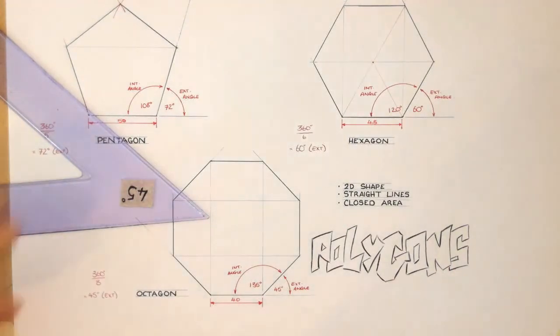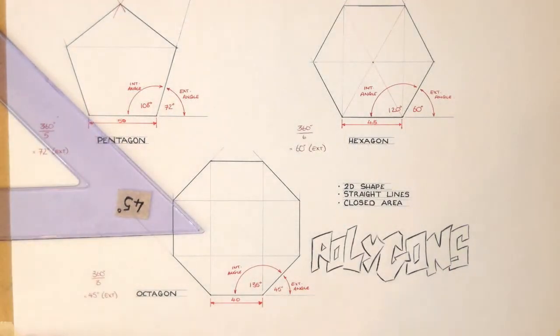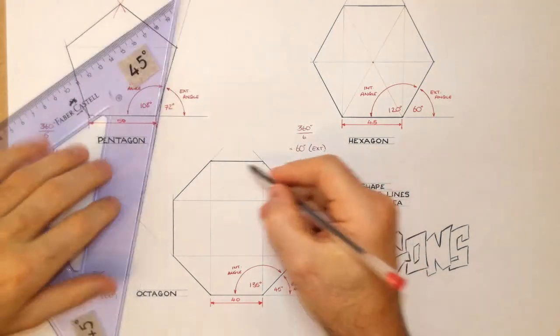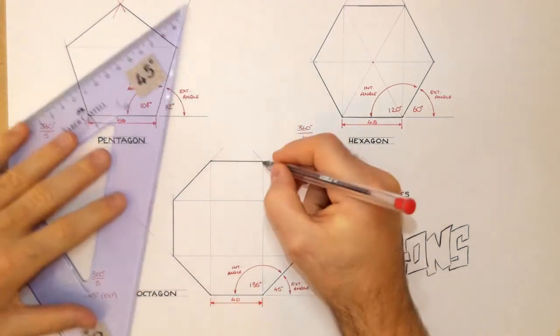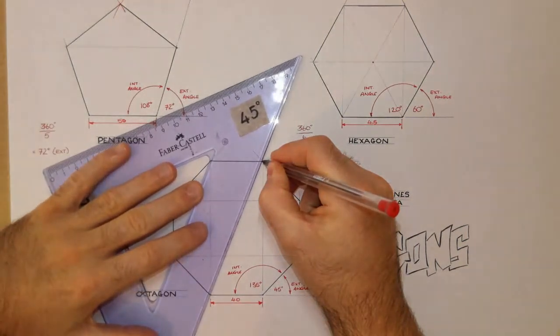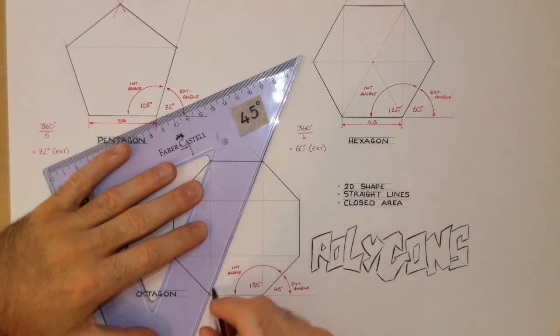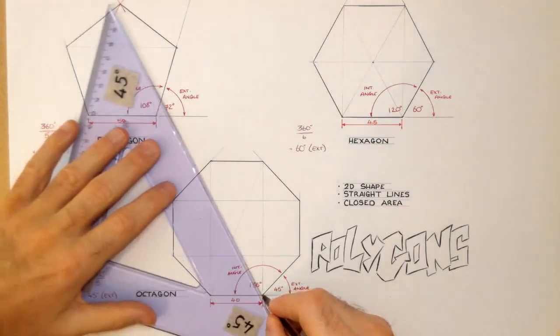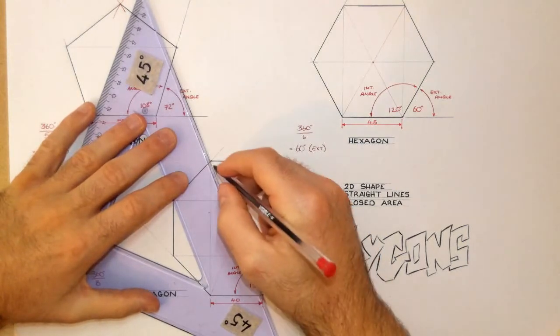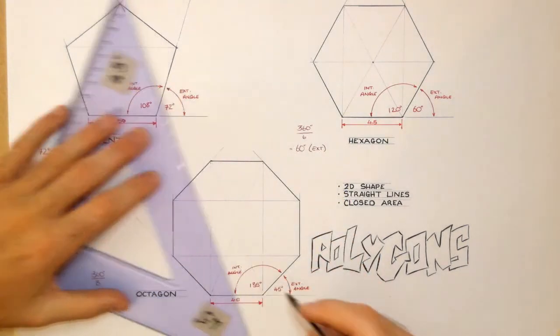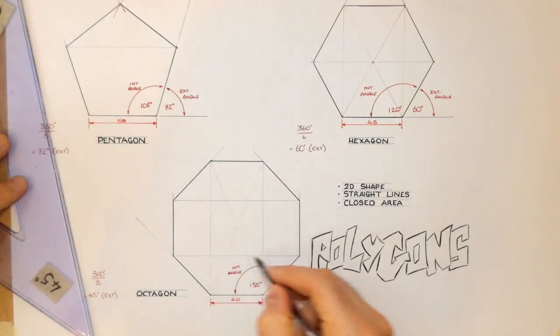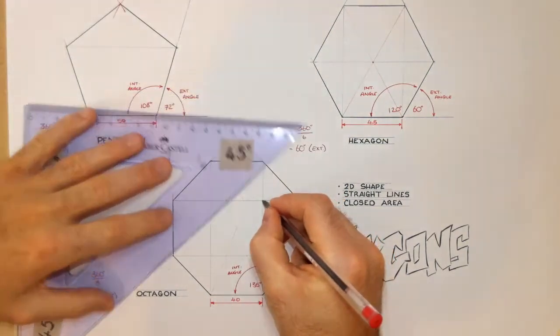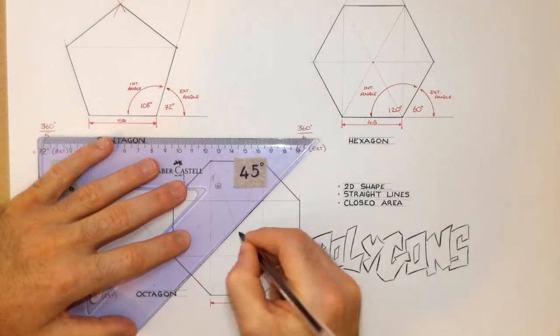Now if I wanted to find the center of my octagon, I could use the same principle. So this side here and this side, I could join the diagonals. Likewise, I've actually got a little square inside here, and if I was to join that to that, it should go through there.